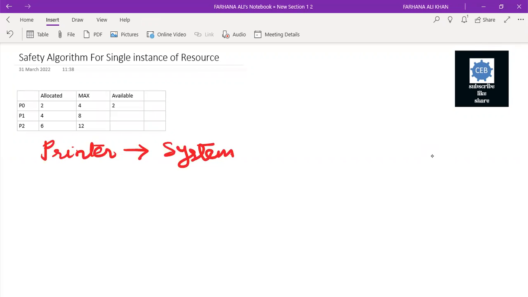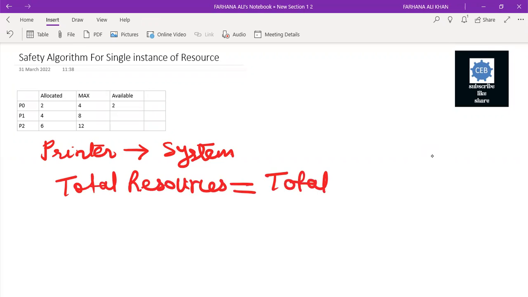How are we going to calculate the total number of printers, the total number of resources in our system? That is by using the formula: total allocated resources to the processes and the available resources.